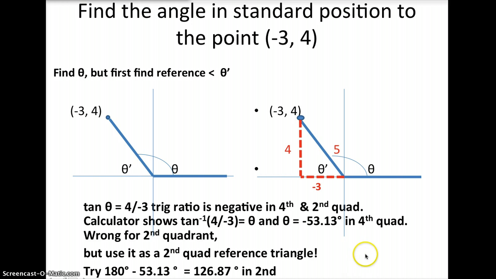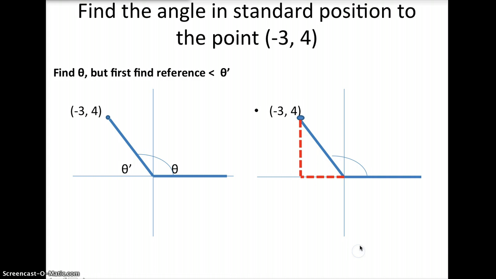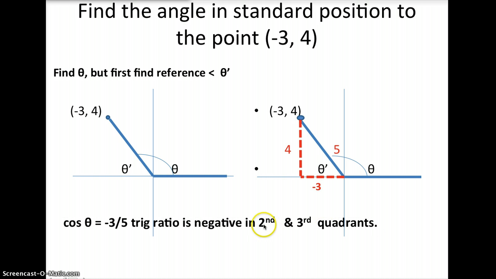Now we're going to do this with cosine, and I want to show you that the calculators just aren't very accurate on this, so that's where you come in. You're needed. Cosine is adjacent over hypotenuse, negative 3 over 5. Notice I'm using this triangle, even though we're looking at this big angle out here.